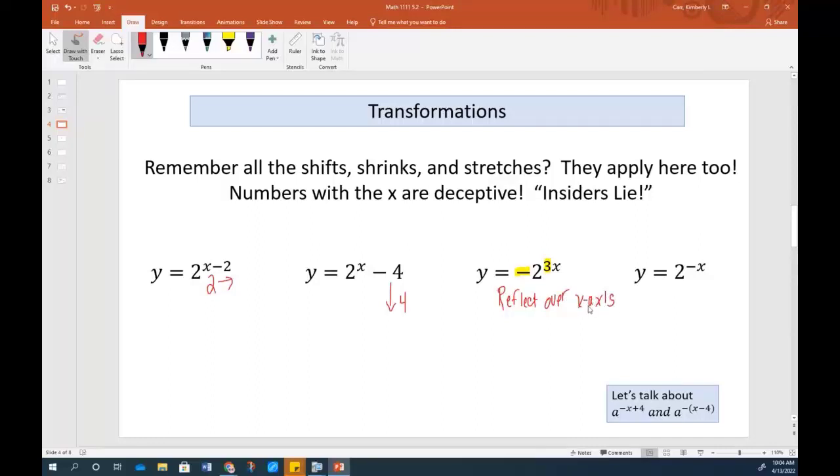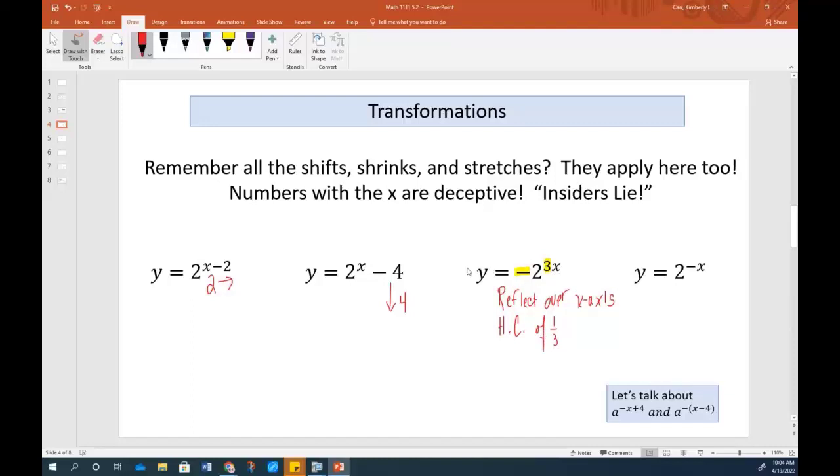Now the 3 is grouped with the x, and it's multiplied. Things that are multiplied are either a stretch or a compression. But the x one lies. This looks like it would get bigger, which actually means it's a horizontal compression of 1/3.